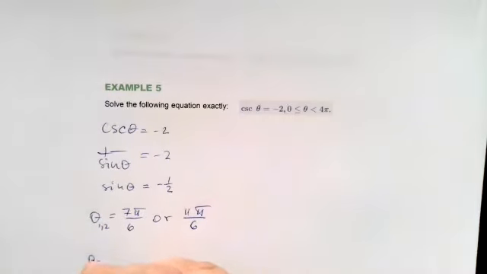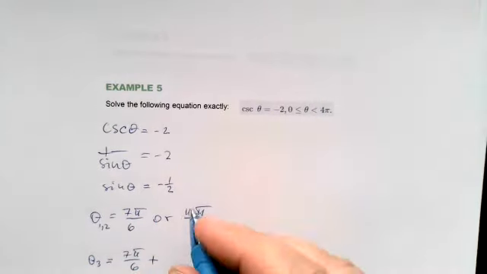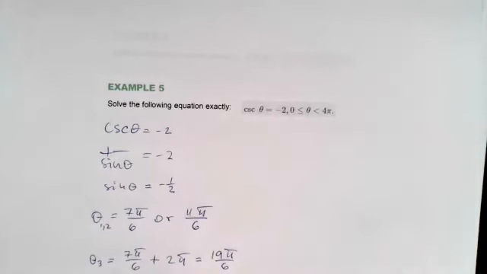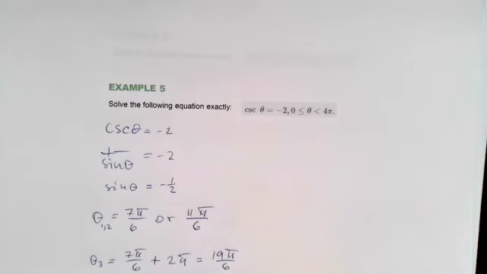So solution 3 is going to be 7 pi/6 plus 2 pi, which is actually 19 pi/6. And for solution 4, we're going to take 11 pi/6 and add 2 pi on top of it as well. So we're going to get 23 pi over 6.